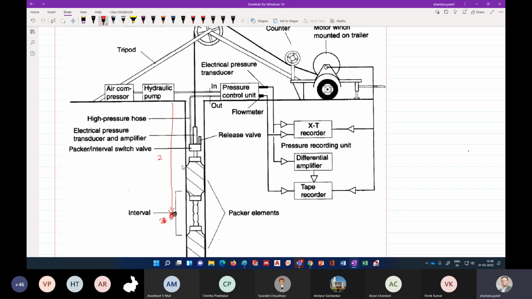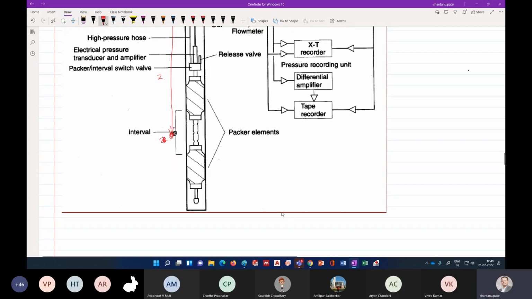So first thing we do is make a drill hole. Then we put something called packers, and expand these packers so that we isolate some area in between that borehole where you want to do your measurement.